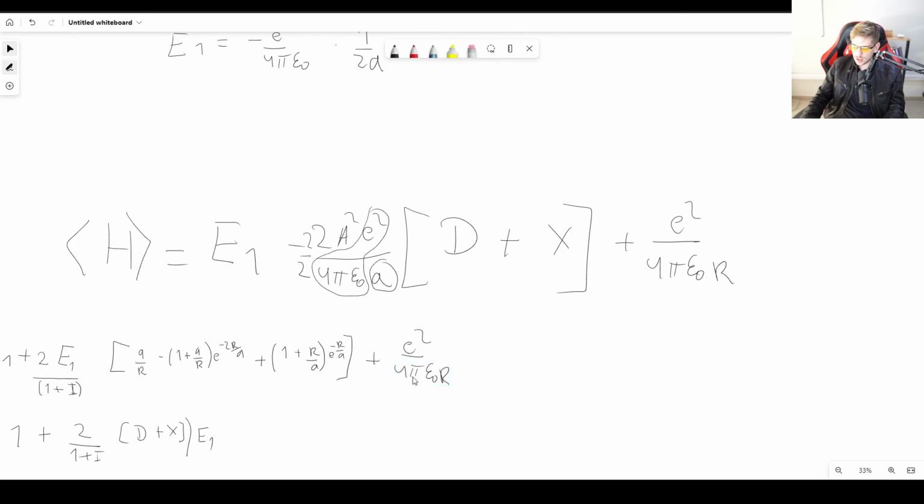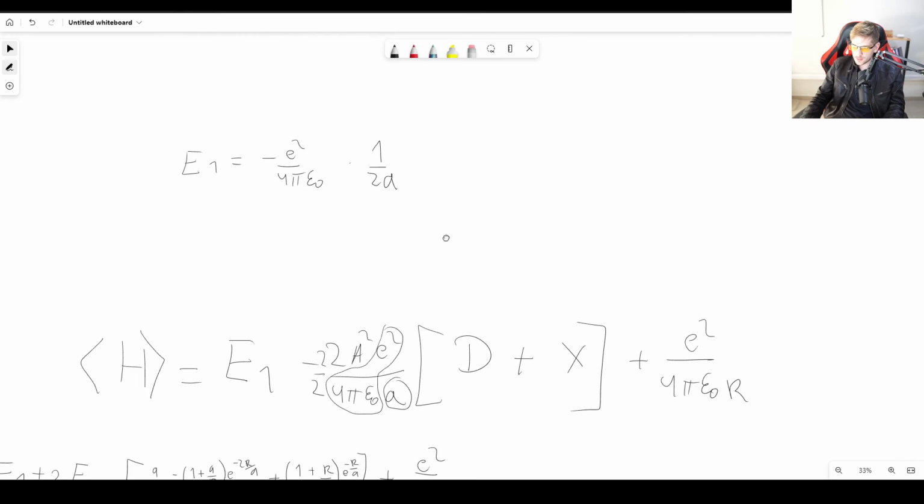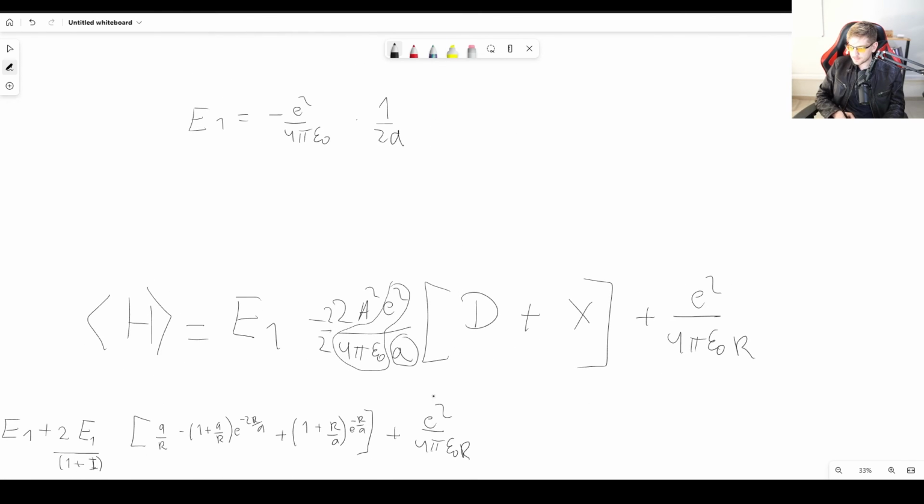So here we are almost there. We have e squared over 4 pi epsilon 0, so we have this thing. E squared over 4 pi epsilon 0 is minus 2a times E1.